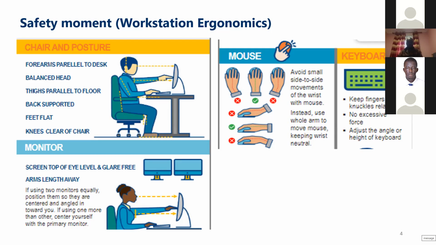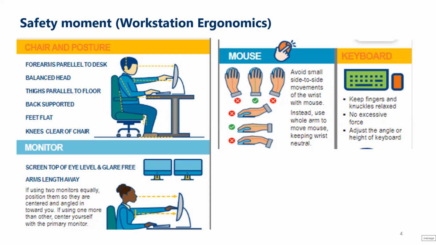We know that due to the nature of our job, we are always required to stay for a very long time in front of the computers. So it's very important that we correctly position our chair, and the way we sit also makes a very important point.